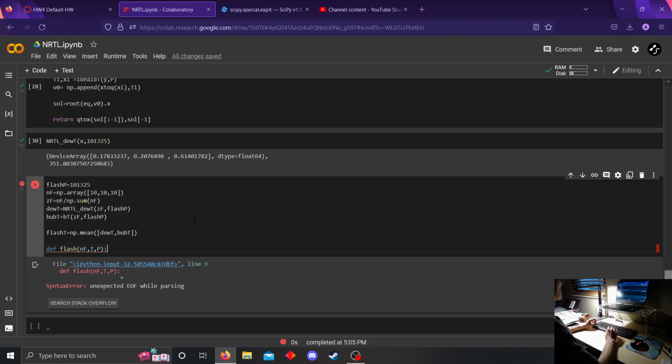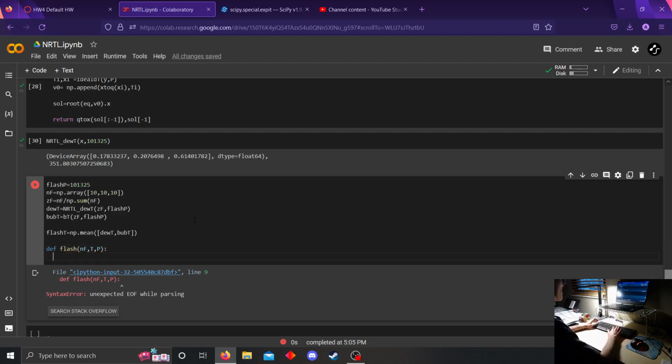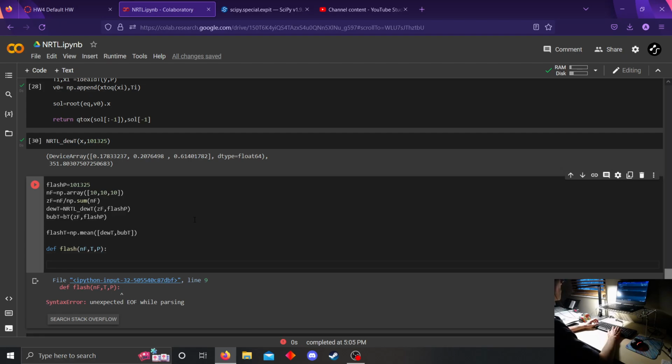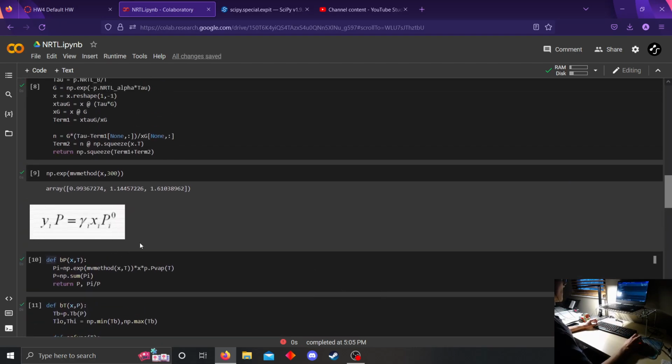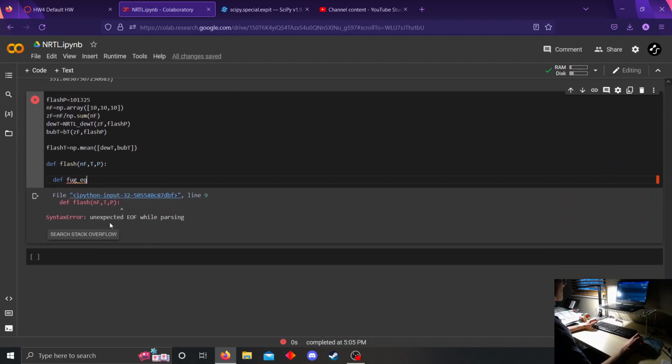Okay, so now to actually do this flash calculation, we're basically going to want to find a zero of a function. So we're going to have to set up a new function to find the zero of. We'll call it the fugacity equation, just because Raoult's law is basically equality of the fugacities of the different phases.